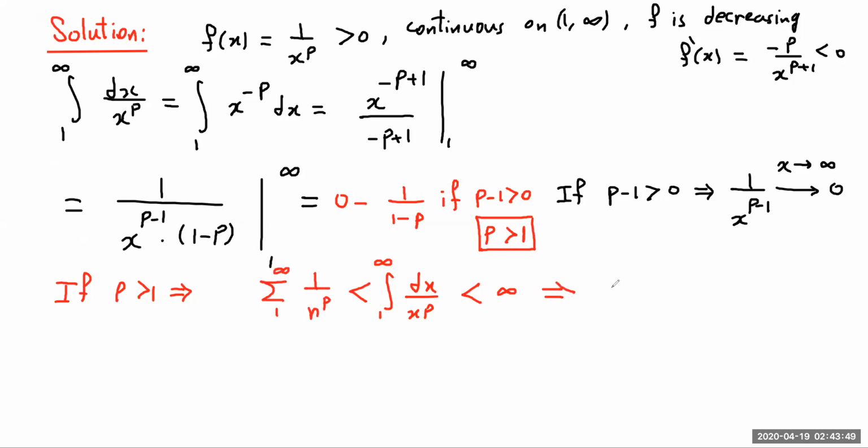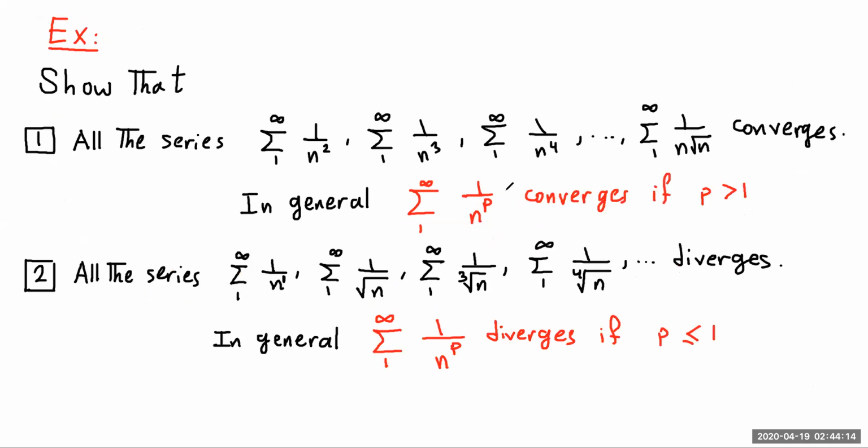So this sum of 1 over n power b converges from 1 to infinity. And if b is less than or equal to 1, it diverges. And this is exactly what is in this exercise. So if b is greater than 1 it converges, it's not diverges.